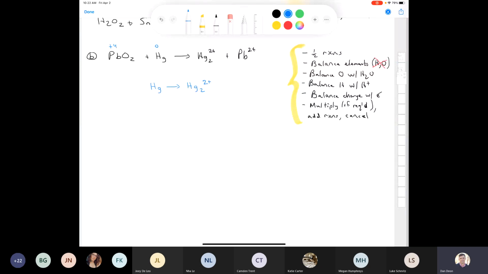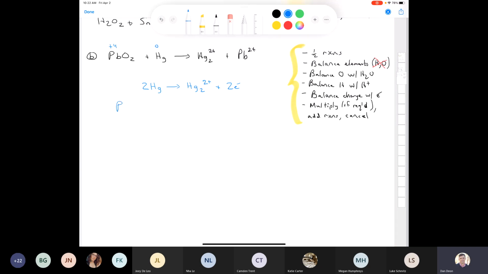We could balance that one first. We need to put a 2 in front of the mercury in the reactants because I have 2 mercuries over here. There's no oxygen to balance. There's no hydrogen to balance, but we need to balance the charge. We need to put 2 electrons over here. So that one's done.